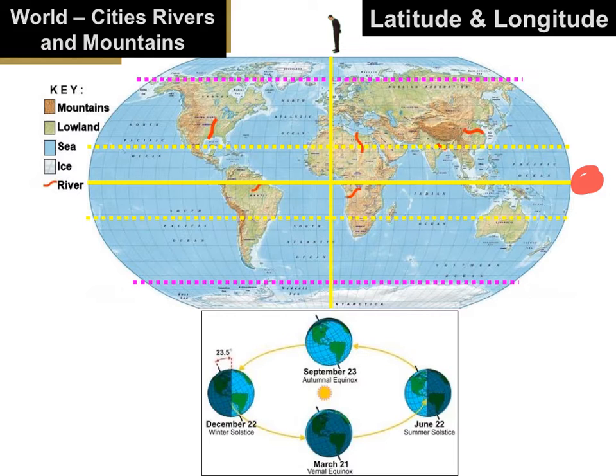And the major line of longitude that you might have heard of is the Greenwich Meridian, so that shows where 0 degrees is. If you go anywhere that way, it's degrees east. If you go anywhere that way, it's degrees west. And similarly with the equator, anywhere going that way, it's degrees north. Anywhere going that way, it's degrees south.